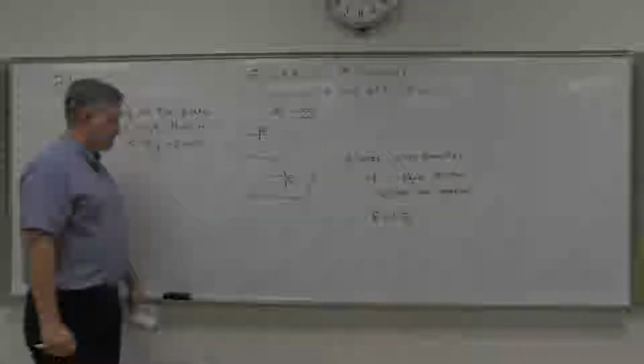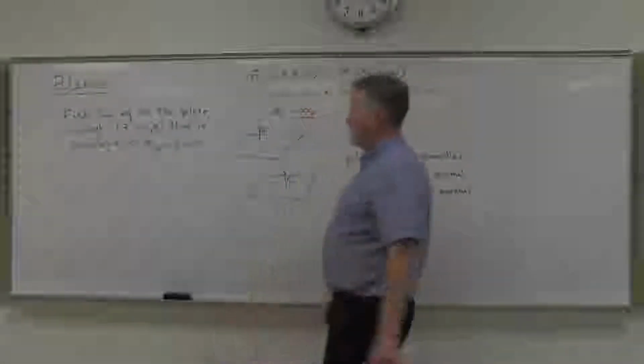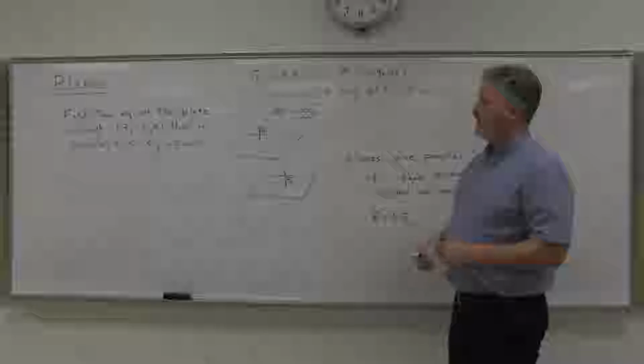Find the equation of the plane through (3, -6, 4) that's parallel to x minus 3y plus 2z equals 5, okay?